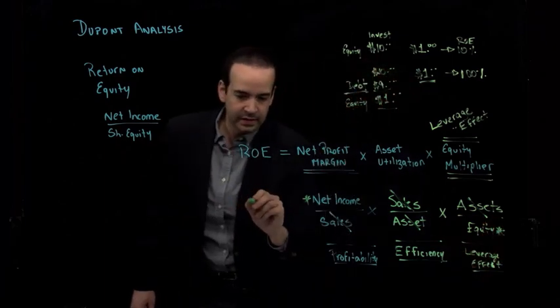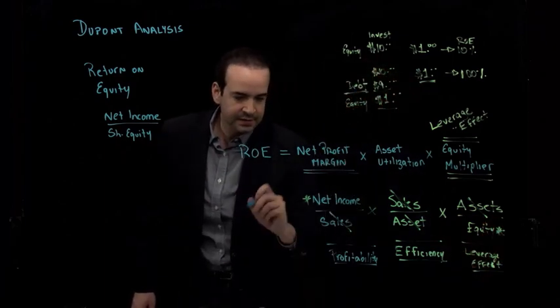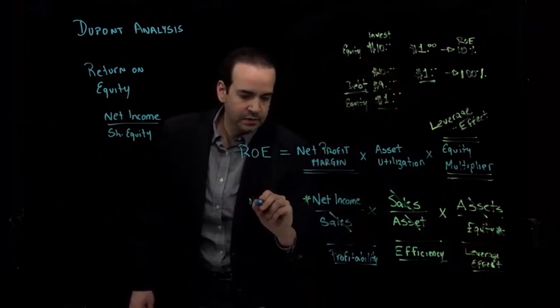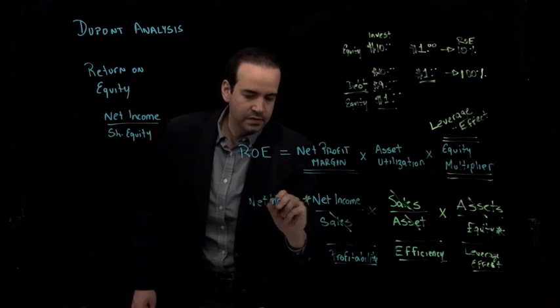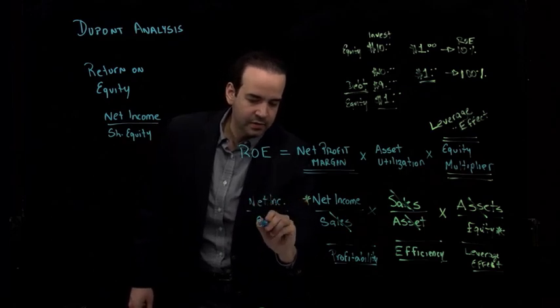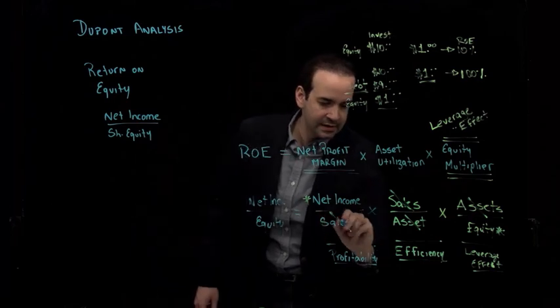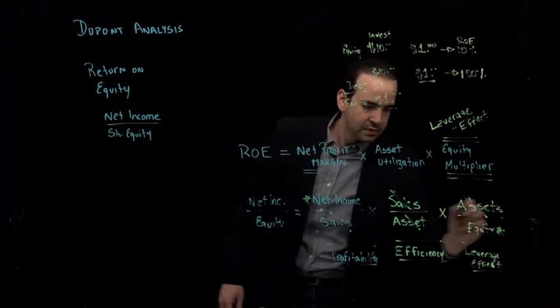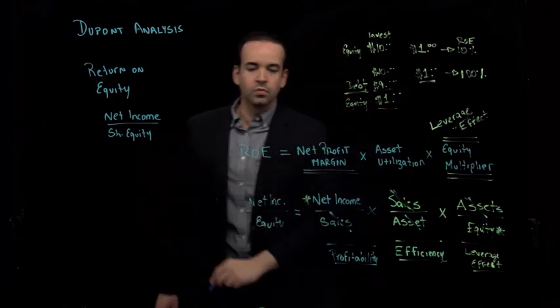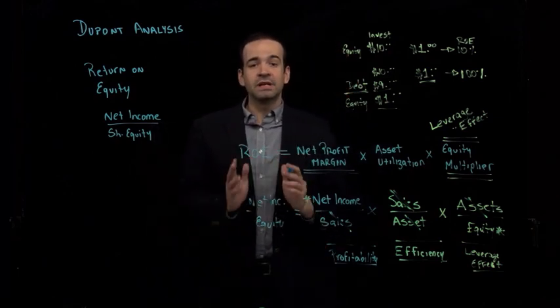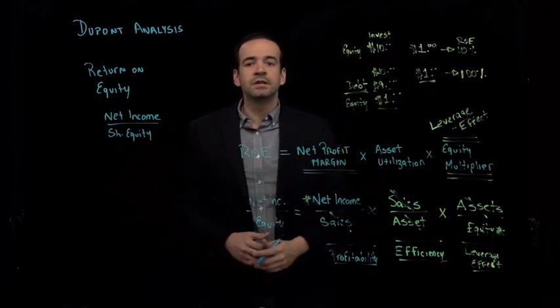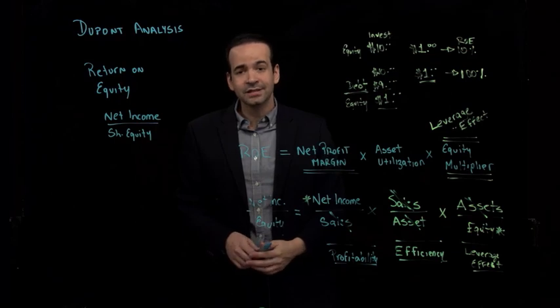So basically, ROE is net income divided by equity. So when we cancel these terms, we are left with ROE. So that's basically the whole idea behind the Dupont analysis.